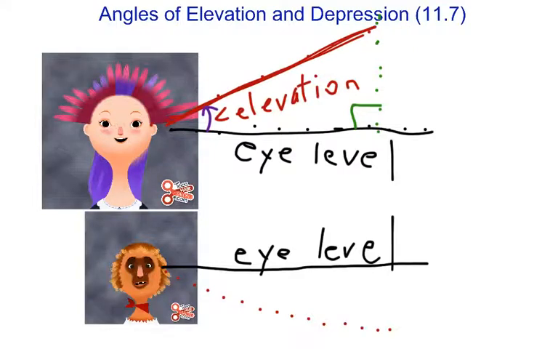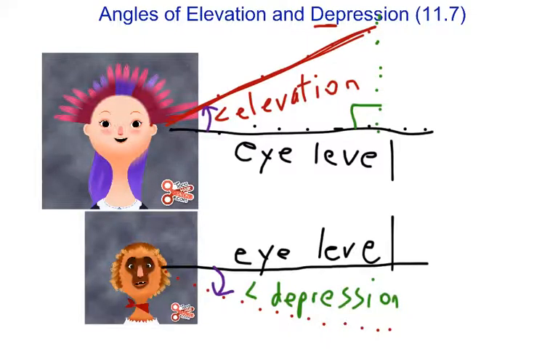D means down, that prefix right here. And notice what happens if we draw that angle from eye level. I'm going to draw an arrow to show that angle. And I'm going to call that angle of depression. That's the angle symbol. And it's depressed, it's sad, so it's looking down.